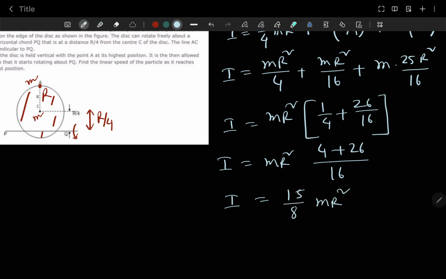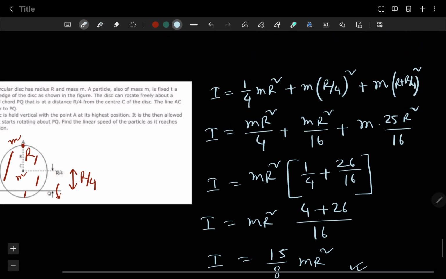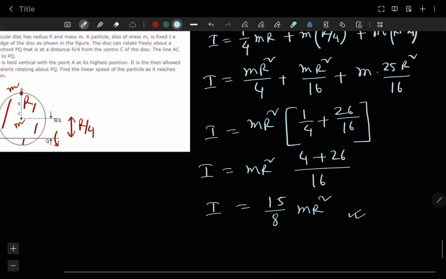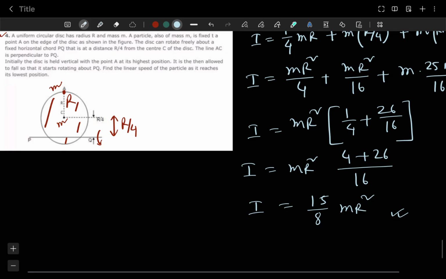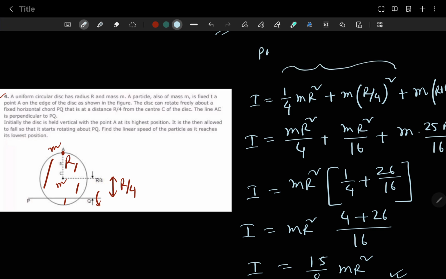So this will be the moment of inertia of the system of the disk and the point mass. Here we have used the parallel axis theorem for the disk.